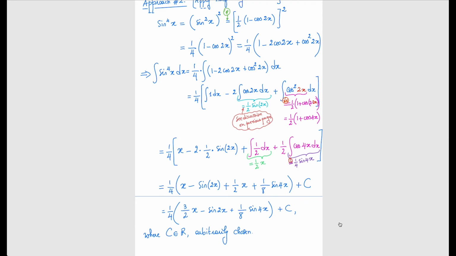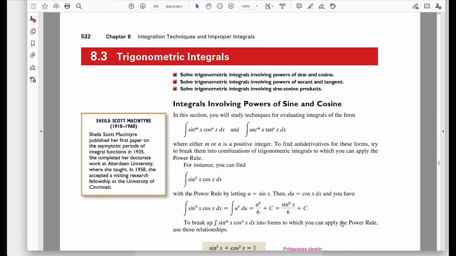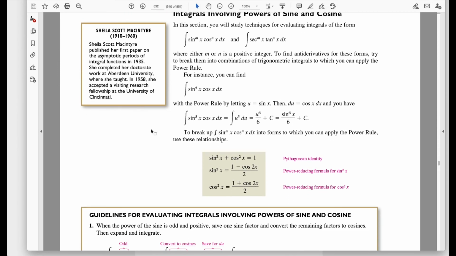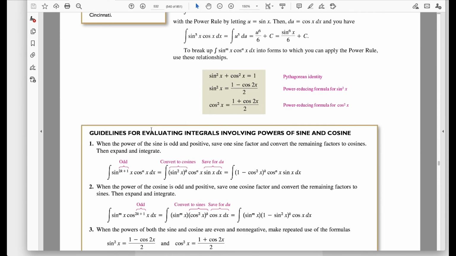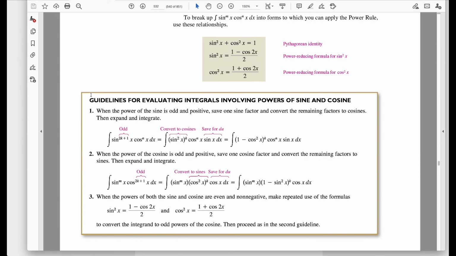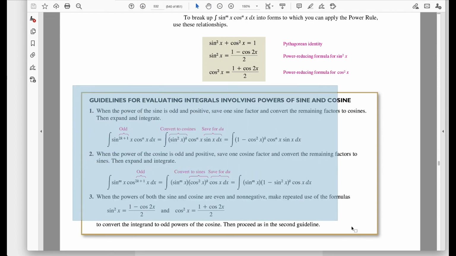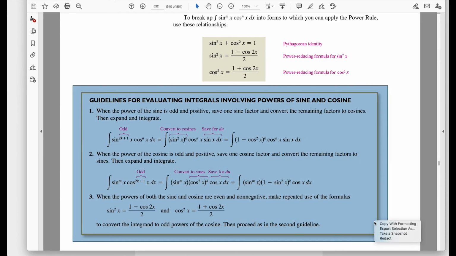To summarize our strategies that we found along the way, let's go to the book on page 532, and the guidelines for evaluating integrals similar to the ones we just discussed are given in this table. So let's actually take it as a picture and paste it in the notes.